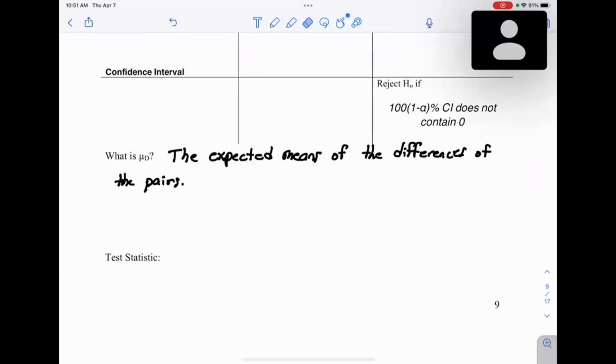And we will denote d as x1 minus x2. And mu d is just mu1 minus mu2.